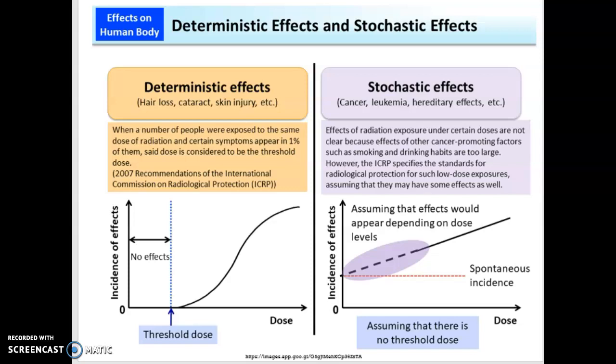And these are the types of effects we try to avoid as radiation workers because we're working with radiation over years. We try to avoid these stochastic effects, which are cancer and possible hereditary effects. However, that being said, rest assured that the doses that we are working with are so low that any kind of effect is highly unlikely.